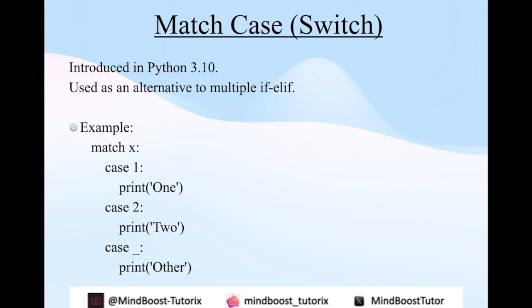But here, if you assign 2 to x, it will not check 1 and not go to the last value, the underscore. It will go to case 2 and print 2. So it does not need to go one by one. So this is the difference, and it is helpful whenever you go with multiple conditions, right?